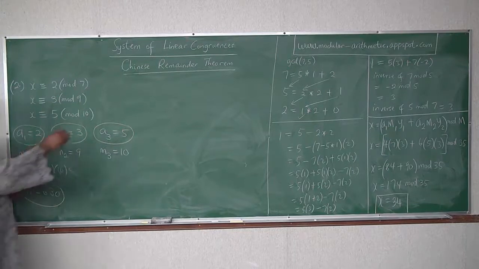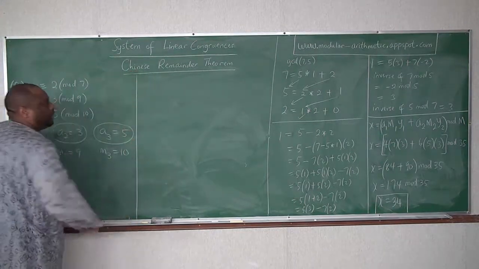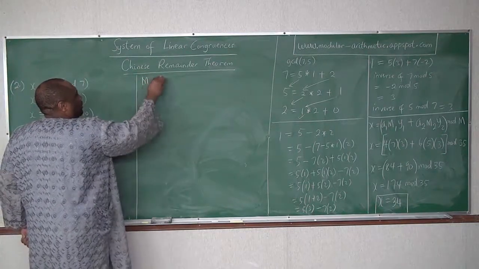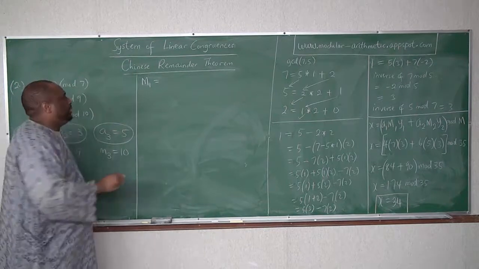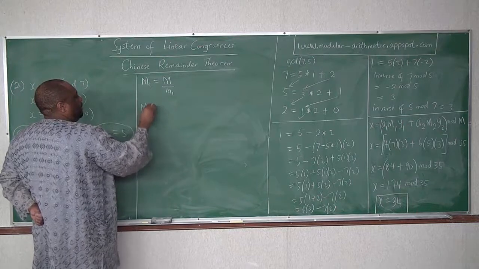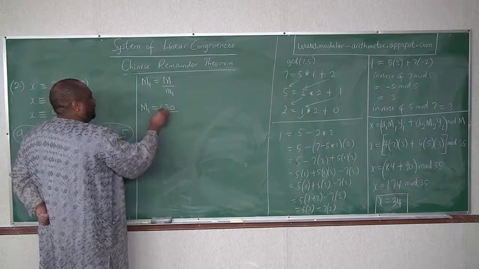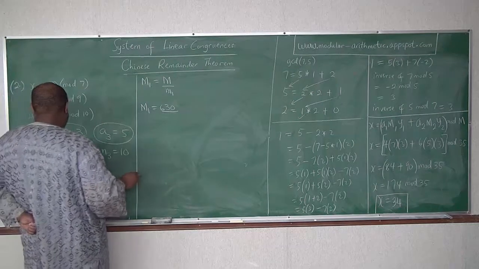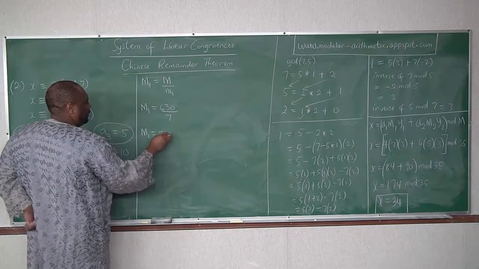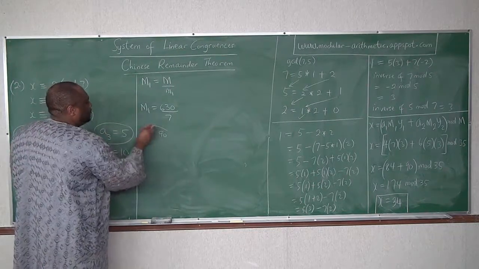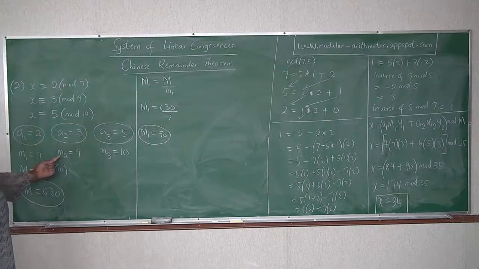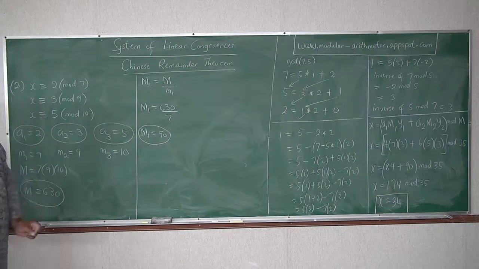All right. Our uppercase M1 is M over m1. So uppercase M1 is 630 divided by 7. So uppercase M1 is 90. We need it. So let's circle it. You can also say 9 times 10, 90.